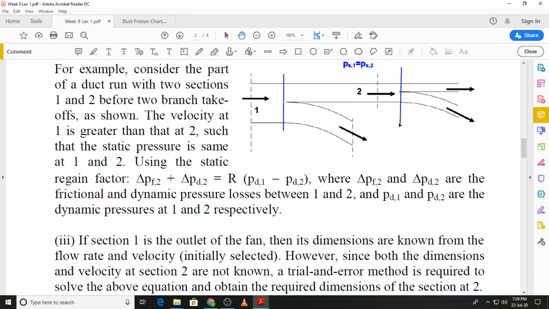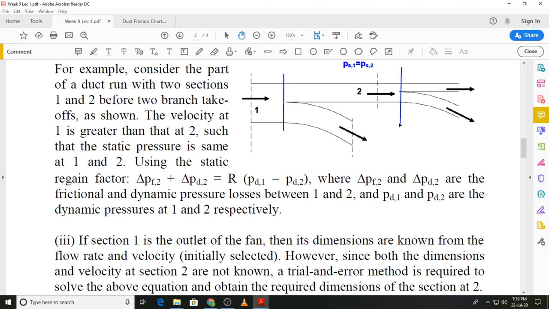Now if I move from section 1 to section 2 and I reduce the velocity from 8 meters per second to 7 meters per second, it will mean that the dynamic pressure becomes 29.4 pascals, and there is a difference of 9 pascals between the dynamic pressure that we had at section 1 and the dynamic pressure we have at section 2.